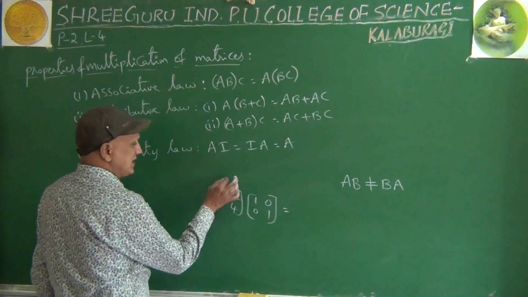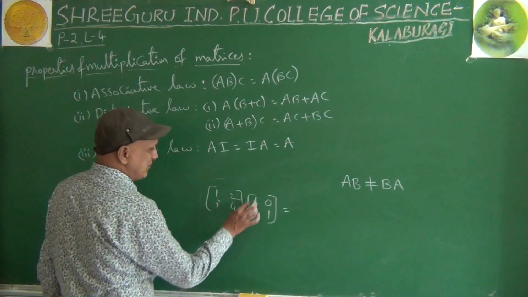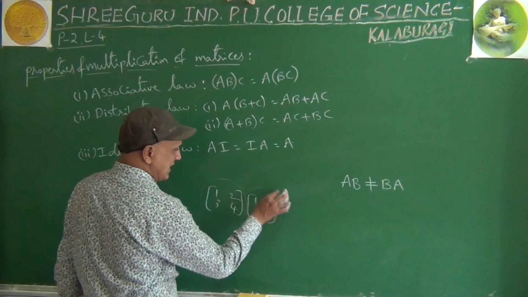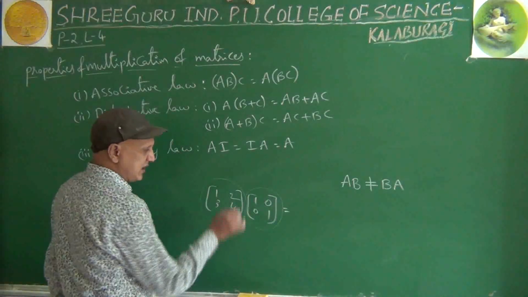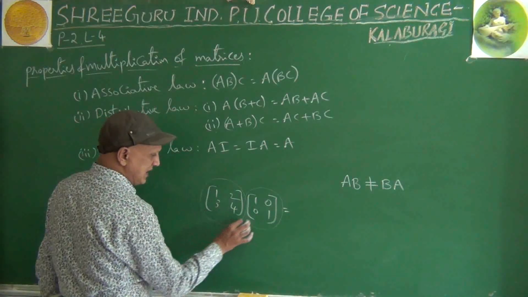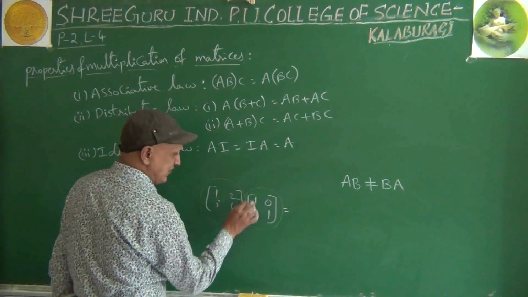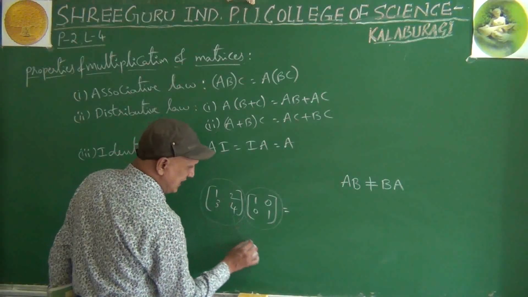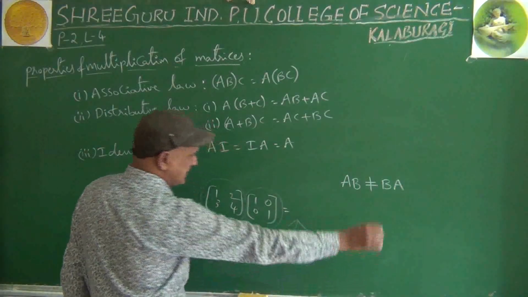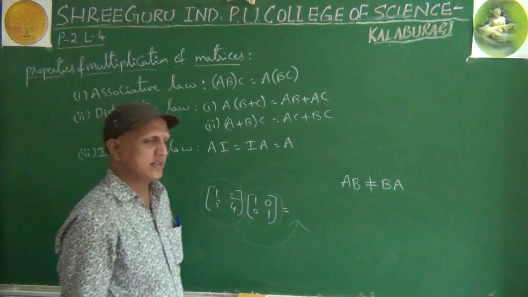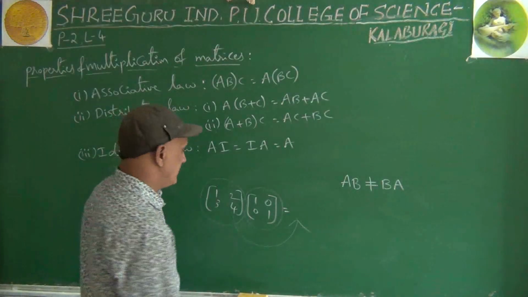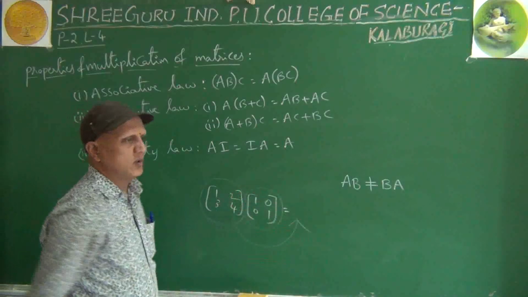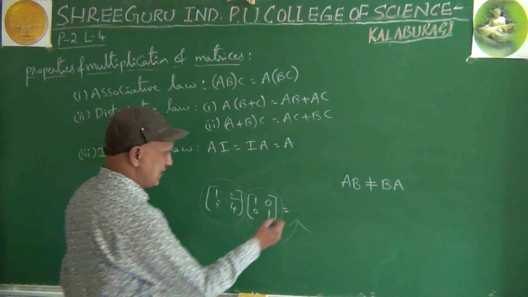If you multiply any matrix with the identity matrix, then we get the same matrix. Okay? So here, if you multiply using the method I told you some time back, you will get the same thing.